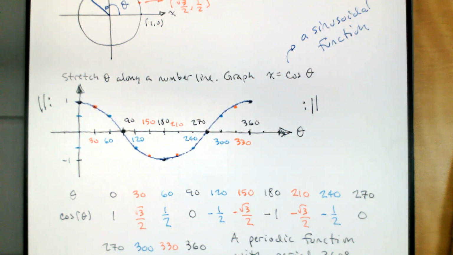And these are great functions for describing things that kind of go back and forth and just repeat. Imagine high tide, low tide, high tide, low tide, just repeating that forever.